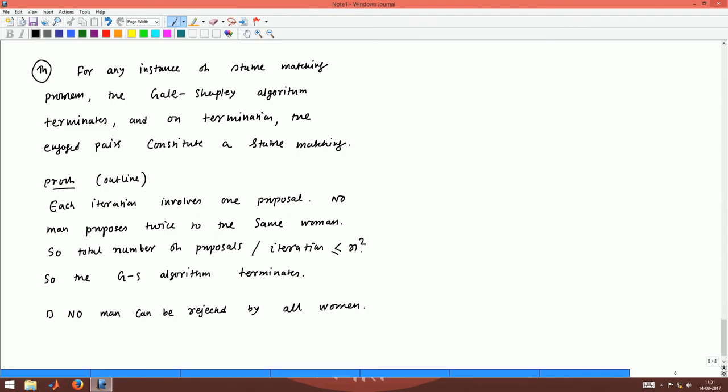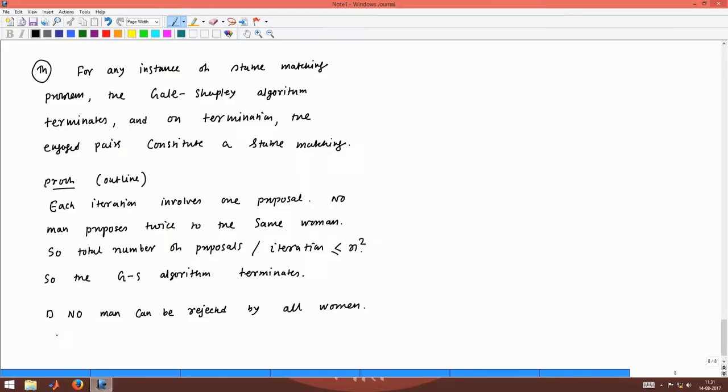This is a simple observation that you have to make. This ensures that there exists a matching, and then the next part of this proof is that we will prove that the matching that the algorithm returns is a stable matching, there is no blocking pair.